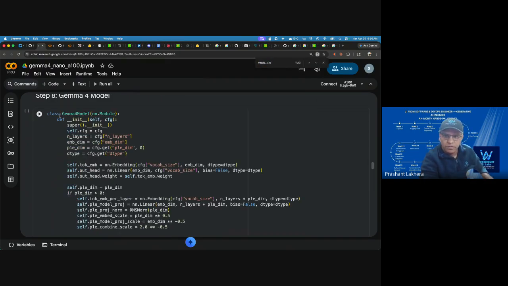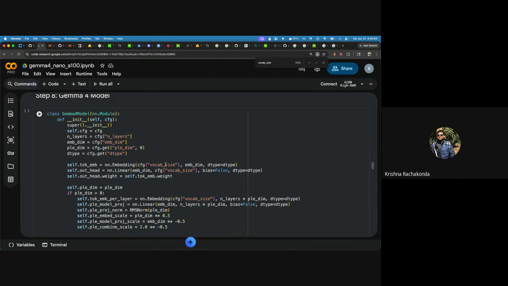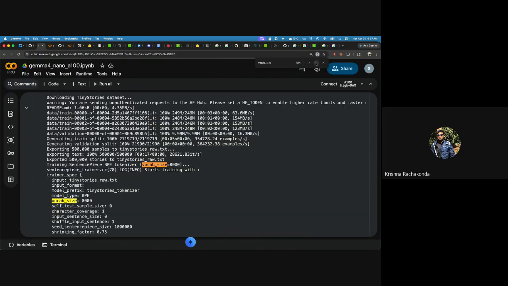We are building this from scratch. We are not using any framework to build these things. It's just some specifications, and ultimately what is going to be generated is a Gemma model.